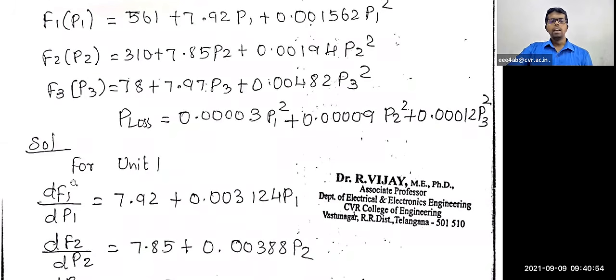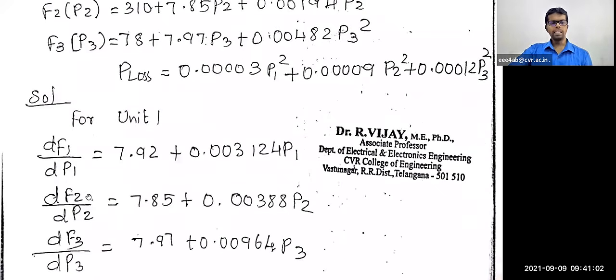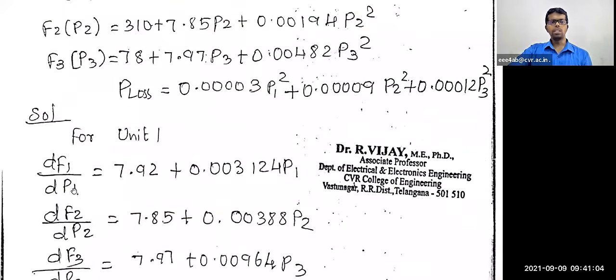So you will get 7.92 plus 0.00312 P1. Next, similarly, we differentiate fuel cost function 2 with respect to P2, and we get 7.85 plus 0.00388 P2.